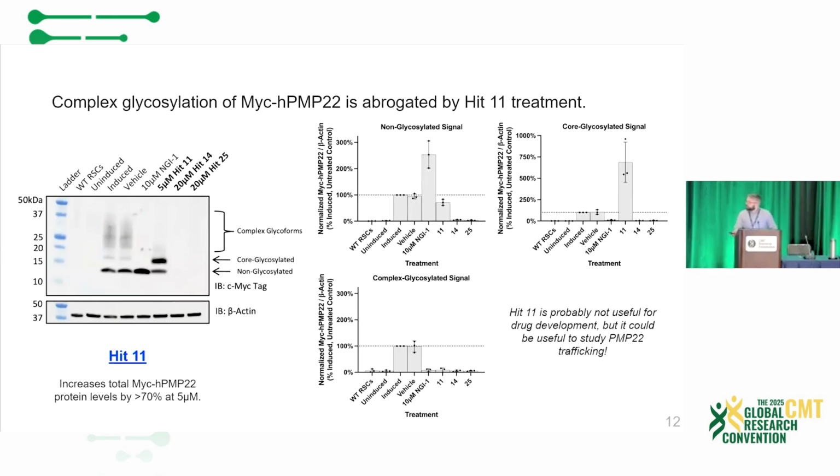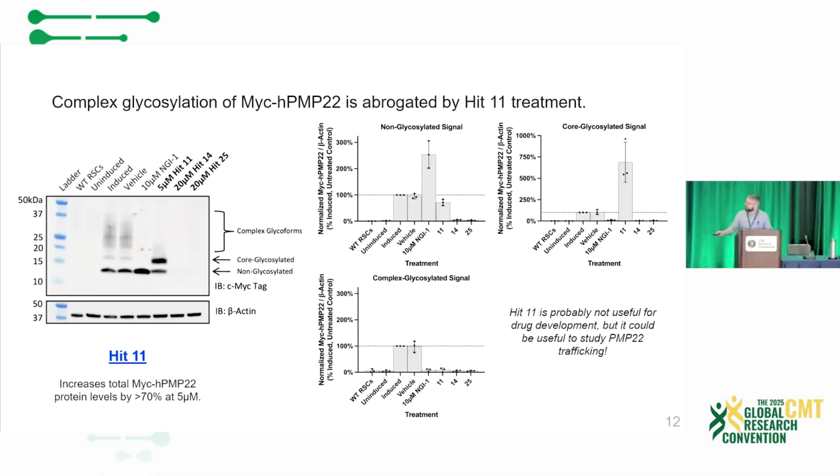Now, hit 11, that compound I showed you that increases PMP22 expression substantially, does appear to have pretty drastic alterations to, in particular, the glycoforms of PMP22 that are enriched during expression. We can see in the untreated controls, we get all of our characteristic glycoforms: non-glycosylated, core, and complex.